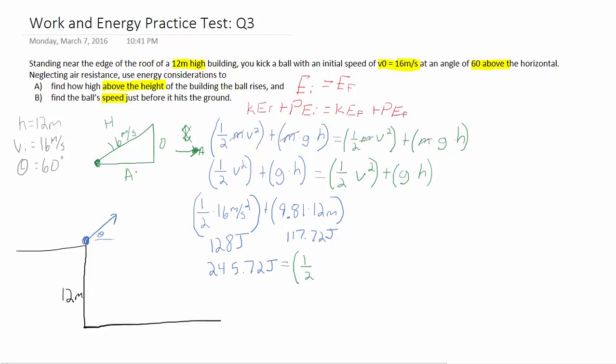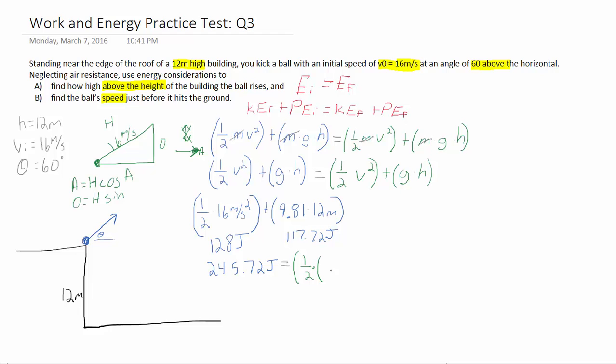So we need to find out what this speed is along this side. We know that the adjacent equals h times cosine, and the opposite equals h times sine. All right, so we need to use the cosine since we want to find the adjacent.